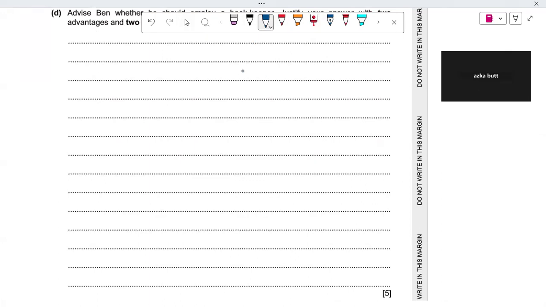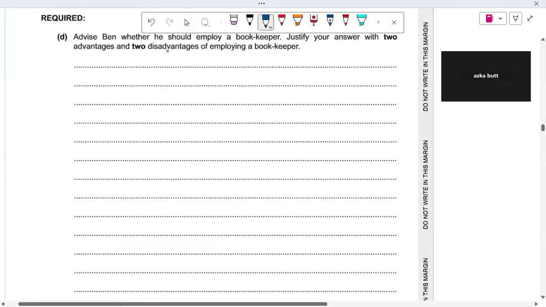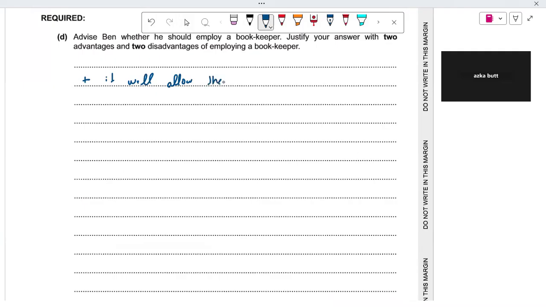So if he hires the bookkeeper, the first positive point will be that it will allow Ben to focus on the other activities of the business.